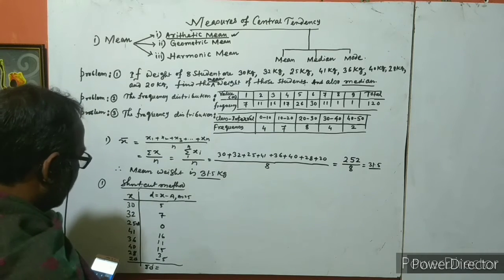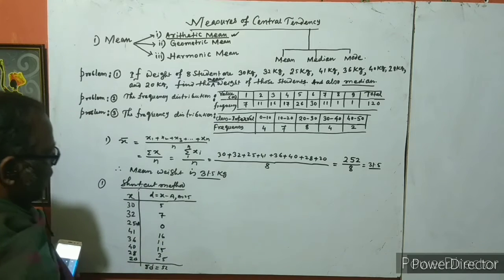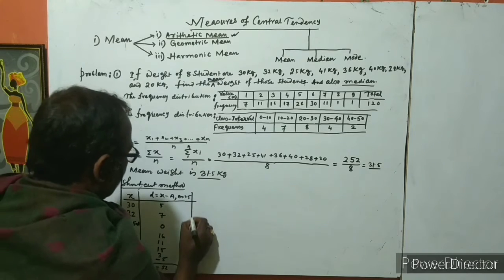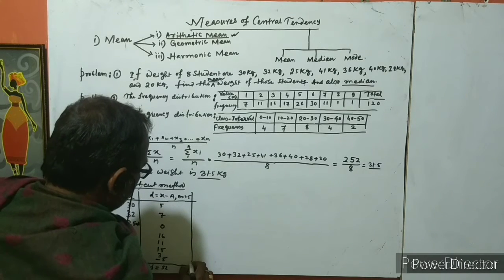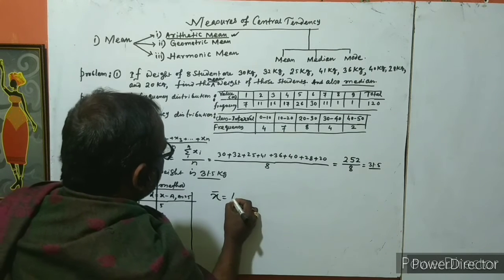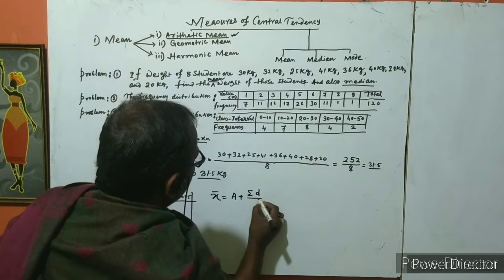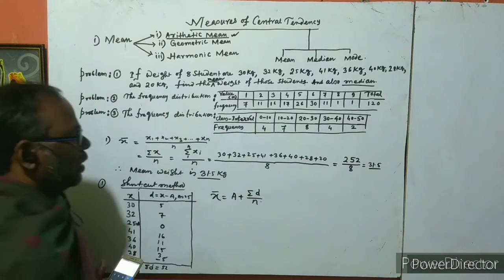That is 57, and subtracting 5, that is 52. And the formula is x bar equals a plus summation d by n, and this is the shortcut formula.